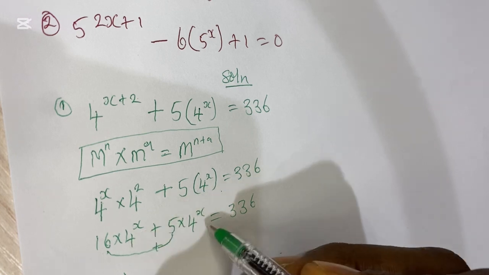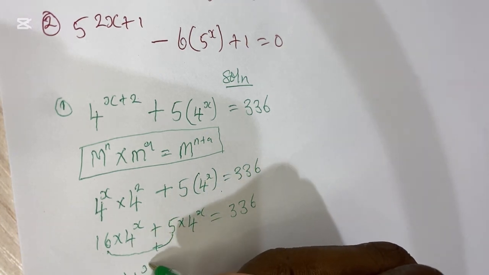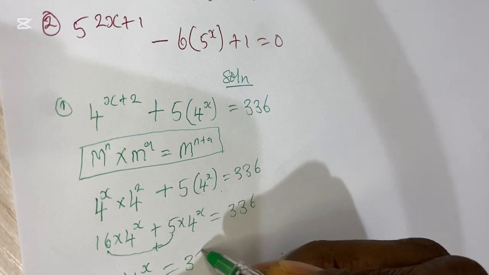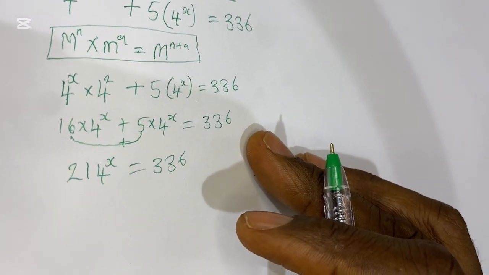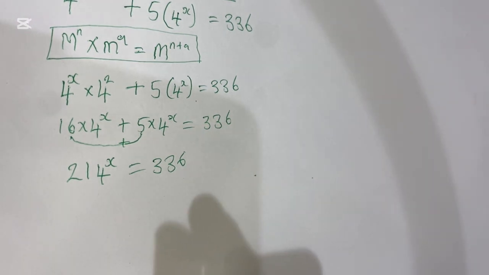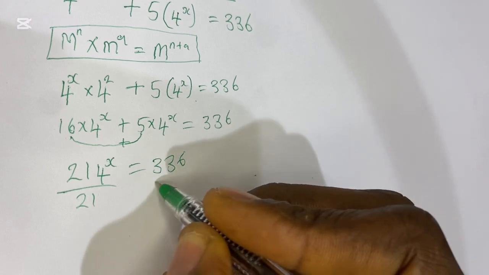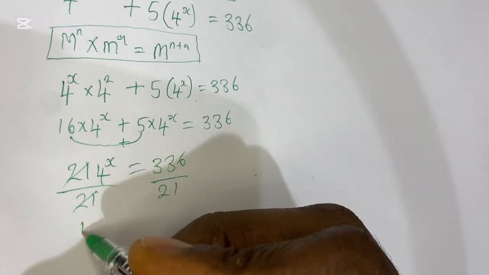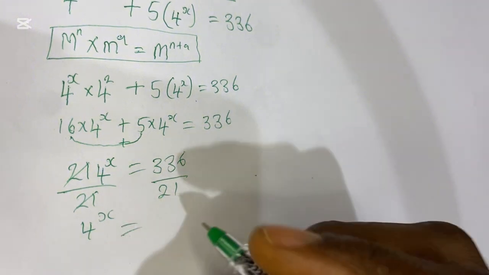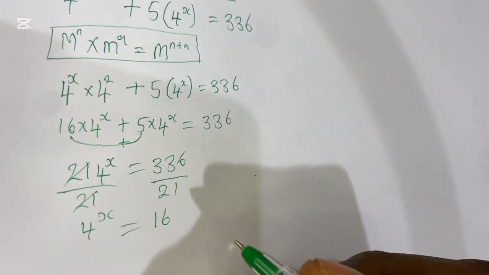Then 4 raised to power x is common, so we have 21 times 4 raised to power x equal to 336. At this point, we divide by 21 so that we have 4 raised to power x alone. 336 divided by 21 gives 16.